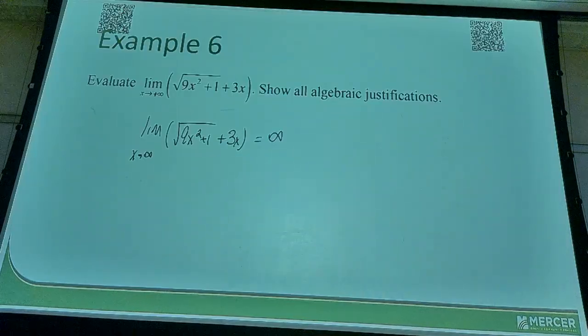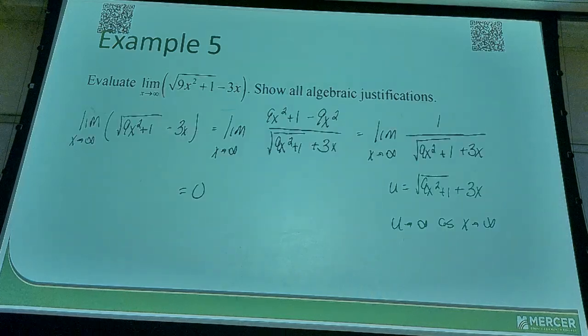So that limit's just infinity. There is no algebra that needs to be done that is not indeterminate. Again, if it was the original negative infinity, it's the exact same argument, except your denominator would be minus 3x instead of plus 3x. But your u would still go to infinity.